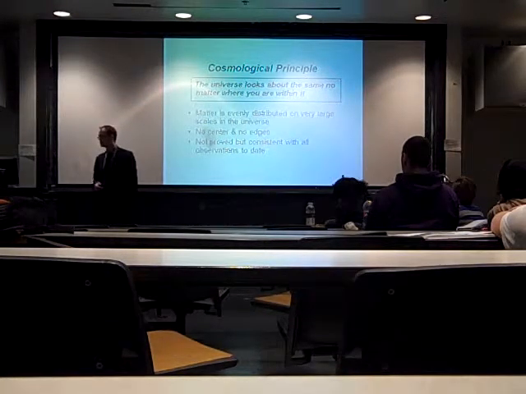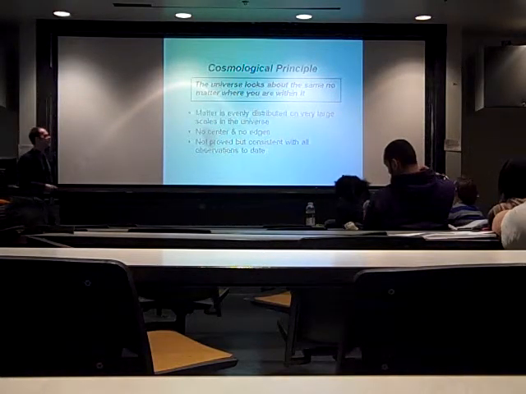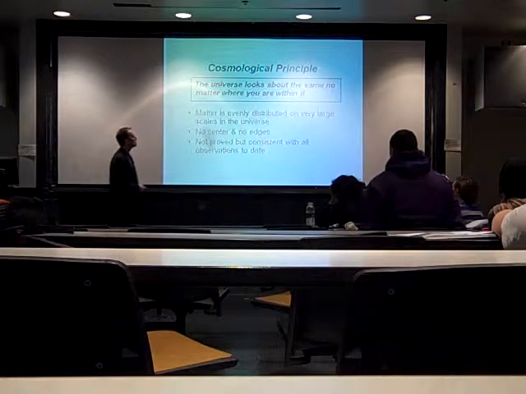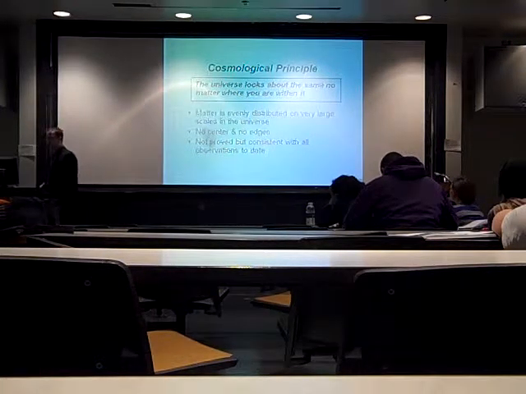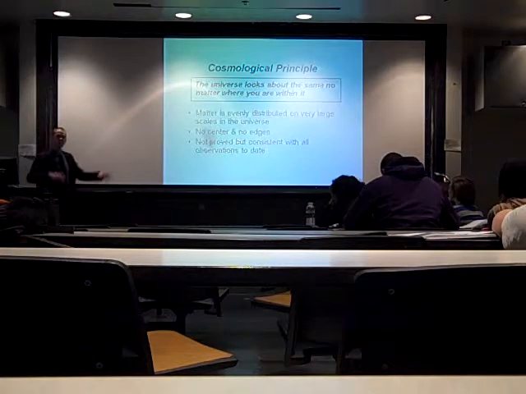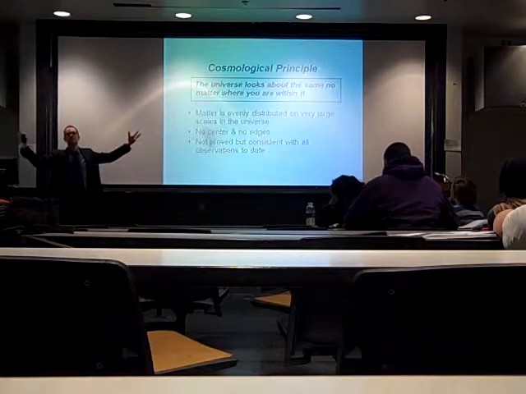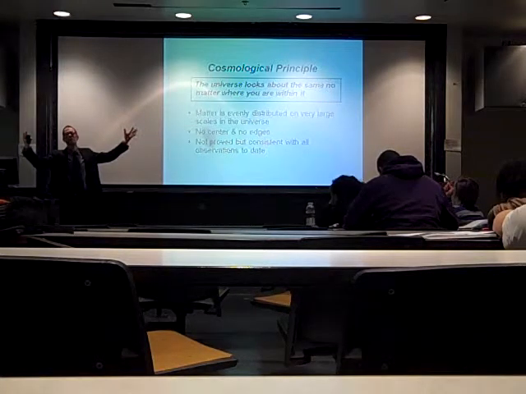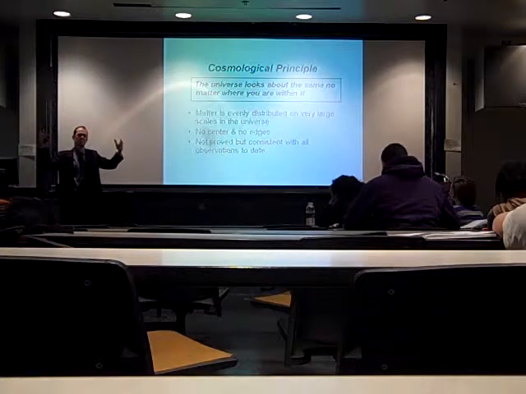So, another thing I want to talk about is this cosmological principle, with the idea that no matter where you are in the universe, it will look the same to you. Matter is more or less evenly distributed on the largest scales in the universe, so if I take a really big box of the universe and I average the density in that box over maybe 1 billion light years on each side, that density should be the same no matter where I put that box.